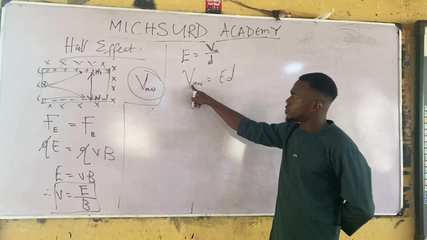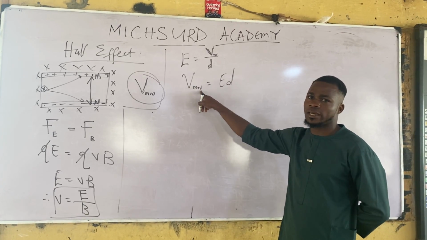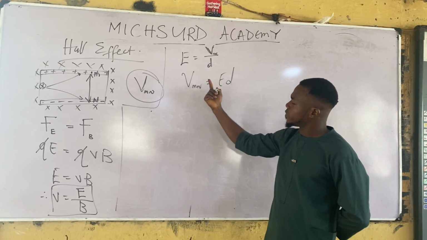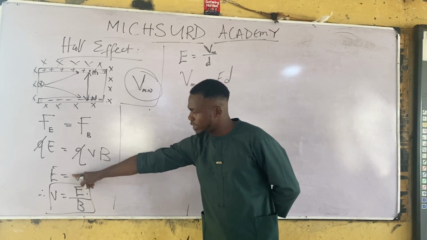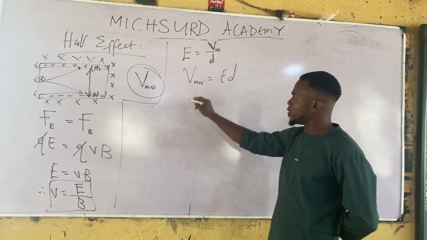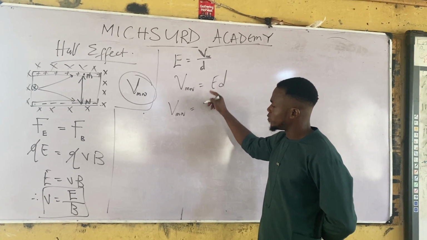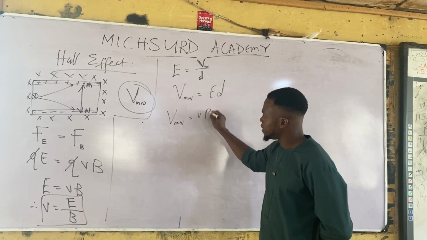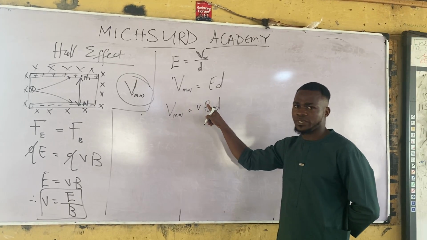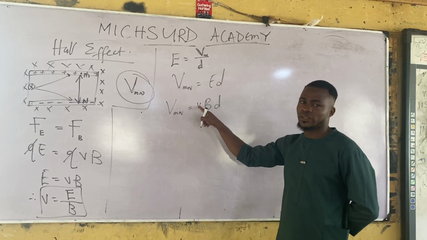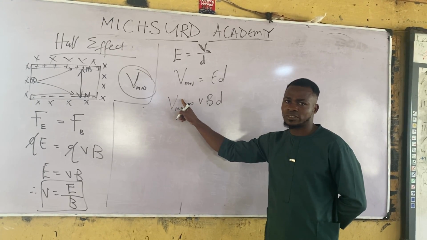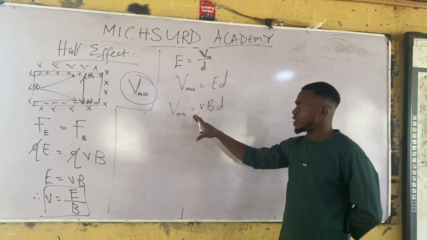So the potential difference between the points M and N is equal to the electric field times d. From here, we already have the electric field as vB. So we can make the substitution, and we see that VMN is equal to vB times d. So in place of E, we are using vB. You can see this small v is the velocity of the charge, but this capital V is the potential difference. So take note of that, very important.